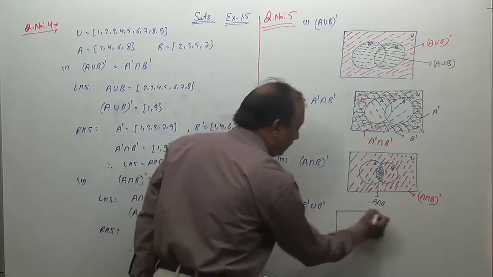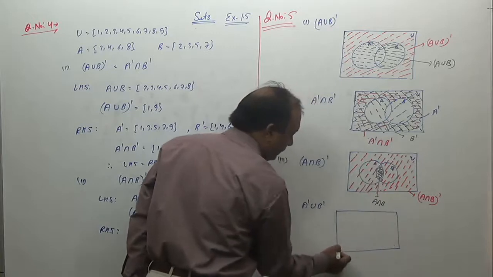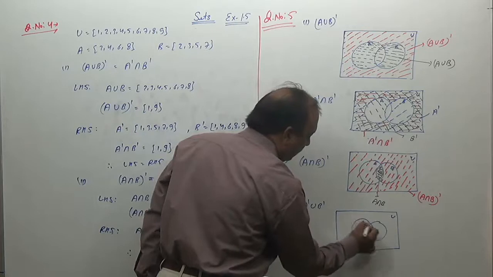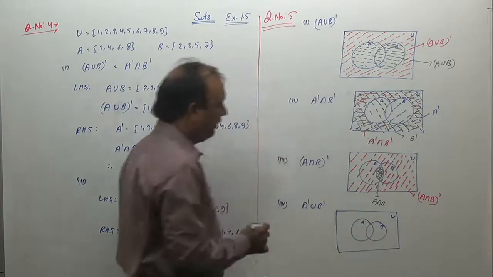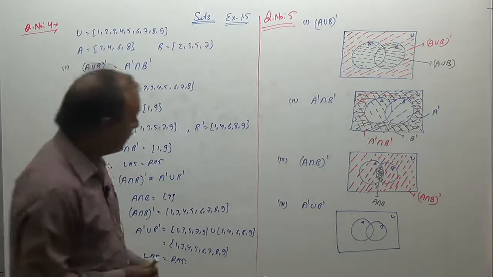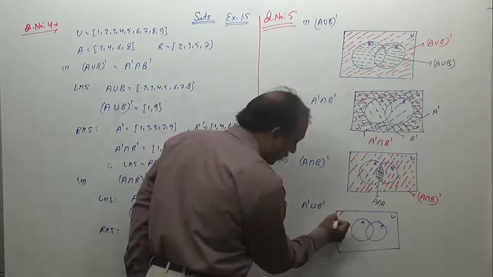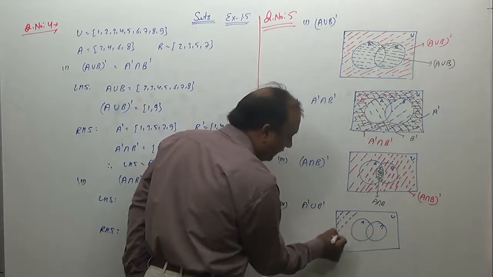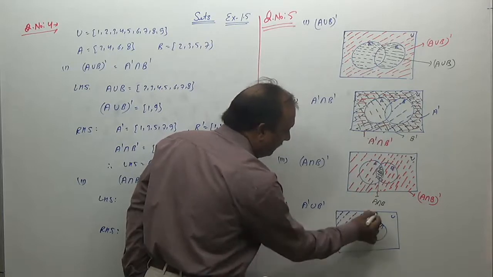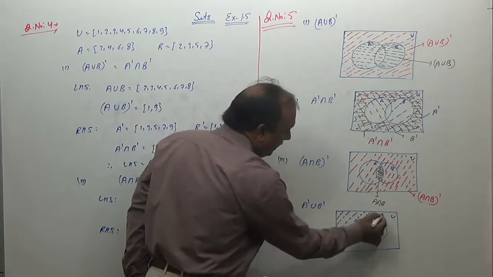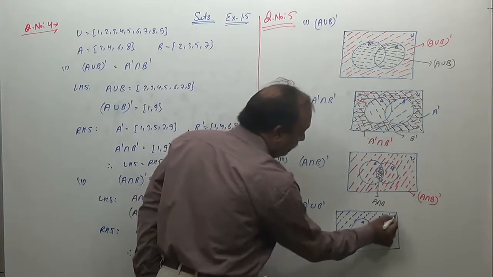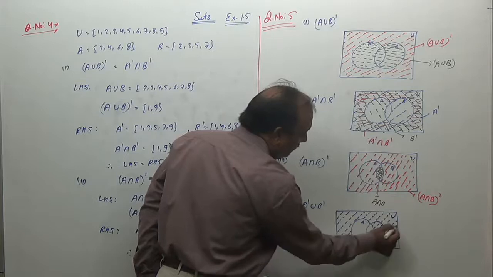So let us suppose this one is set A and this is set B. First of all, draw their complements. What is the complement of A? It is the region of the universal set except A itself. A को छोड़कर इस यूनिवर्सल सेट के अंदर जो भी कुछ पोर्शन बचेगा वो A का कॉम्प्लीमेंट होगा.